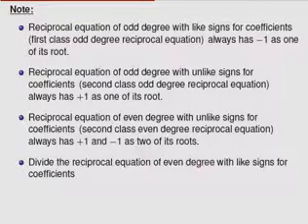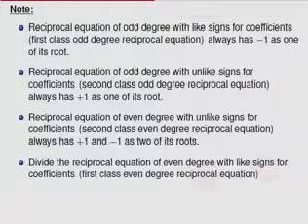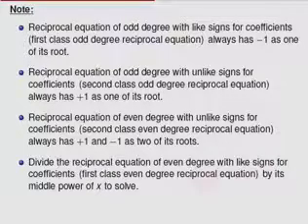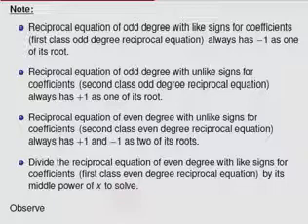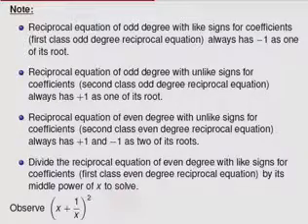Similarly, the last one, the reciprocal equation of even degree with like signs. So this one is the first class even degree reciprocal equation. We divide by its middle power of x to solve. So we are dividing by that middle power of x. Also we can observe the term x plus 1 by x whole square.